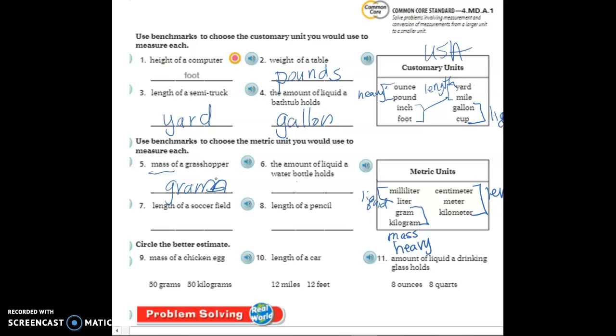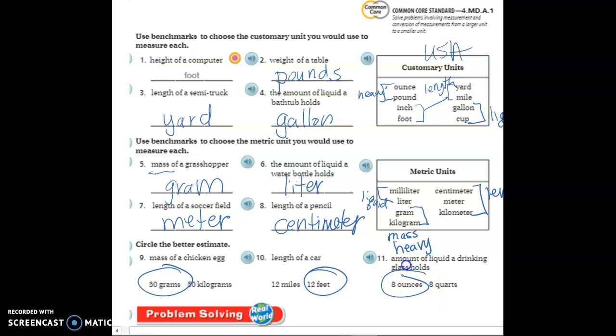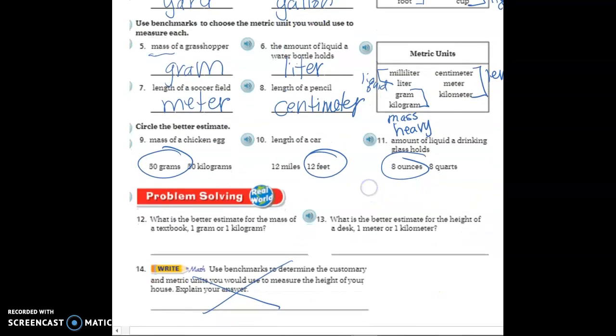Sorry about that. And then, let's go and fix that. 6 would be liter. 7 would be meter. 8 would be centimeter. 50 grams for a chicken egg. 12 feet for a car. And 8 ounces for liquid.